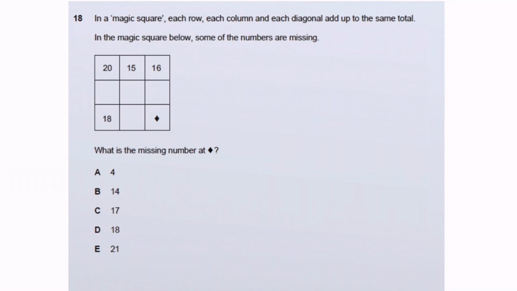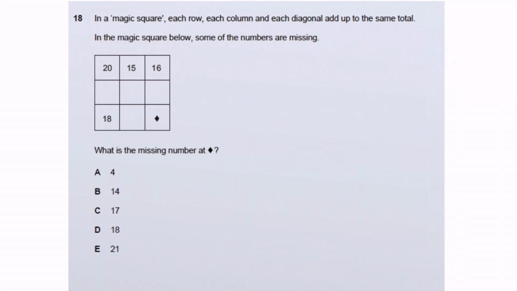So magic square questions and additions where rows and columns are equal to one another are quite common, particularly in the GA. So students have come across these types of questions and are not all too unfamiliar with them. So what we can do first is that students can try and find what the total is for each of the rows, columns, and diagonals.